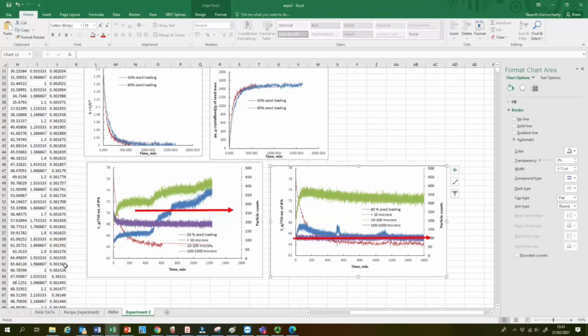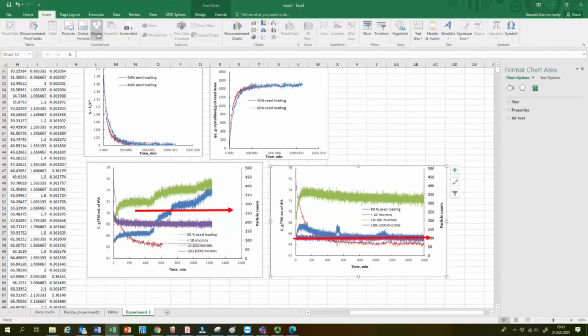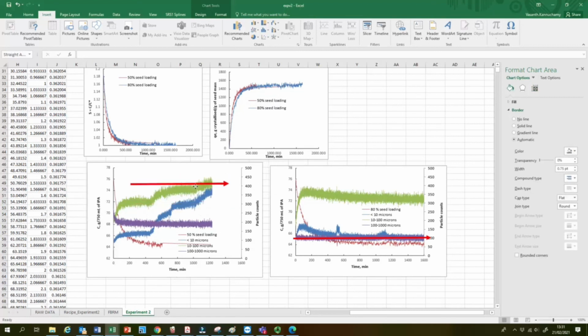Here, what I plotted is from experiment 1, 50% seed loading. This is experiment 2, the right side image. How to use the pointer in this Excel sheet, I don't know, just follow the cursor. Whatever image is highlighted now, I'm moving the arrow.